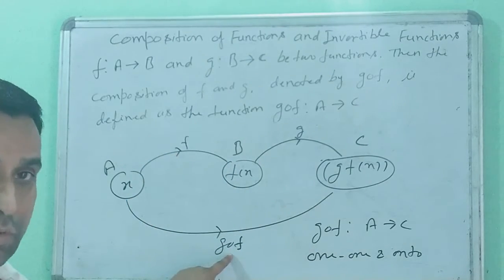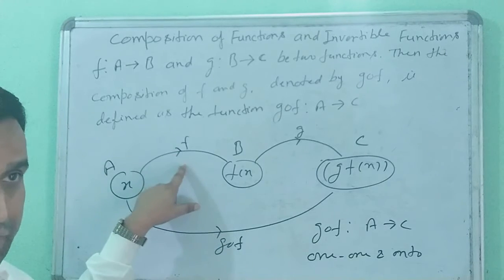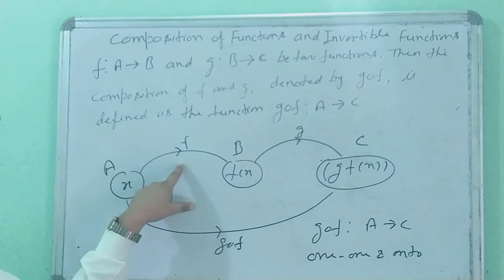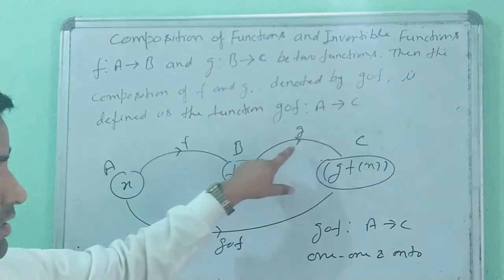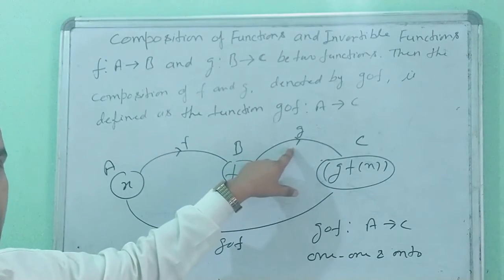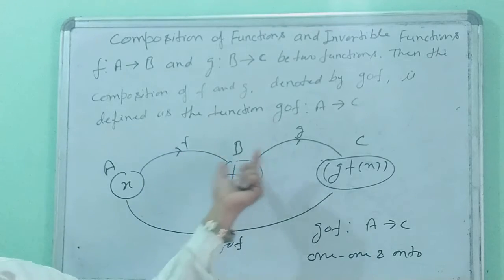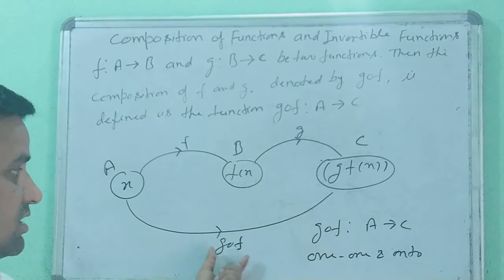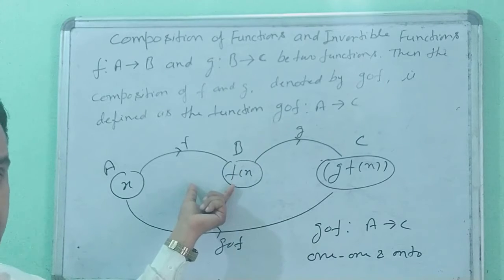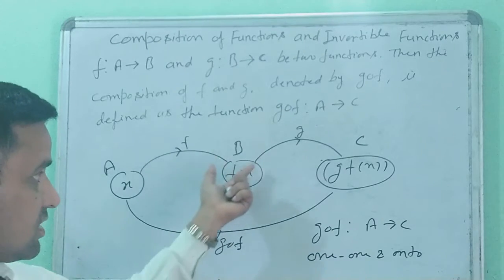Given that GOF is 1-1 onto, f may be 1-1 not onto, and g may be not 1-1 but onto, or maybe both are 1-1 onto. So the reverse condition is not always satisfied, but this condition is always satisfied.